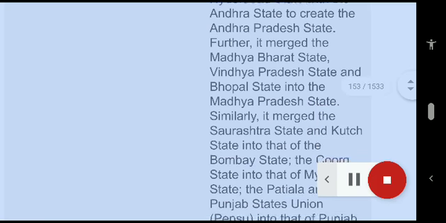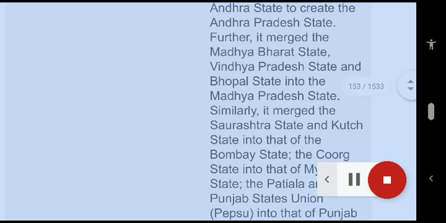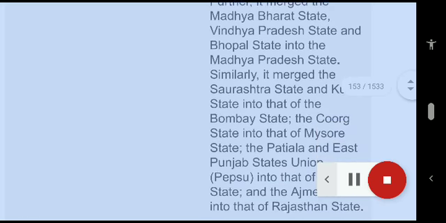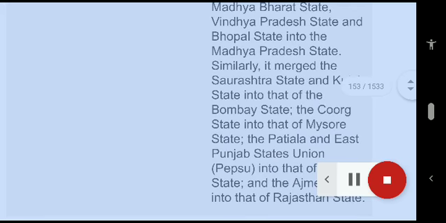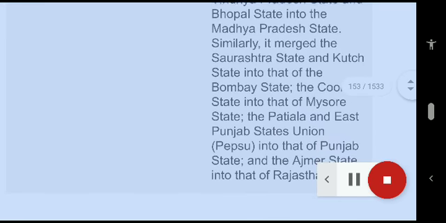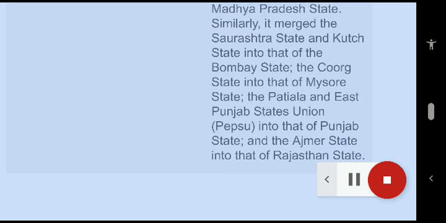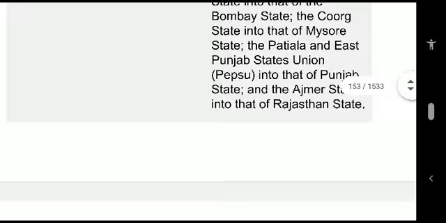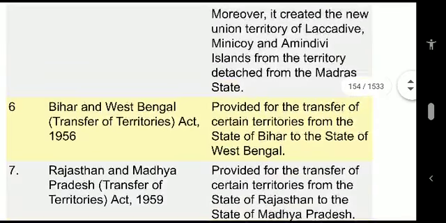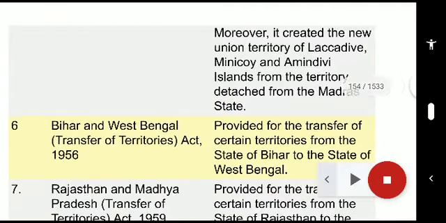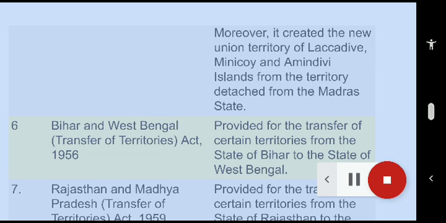Similarly, it merged the Saurashtra state and Kutch state into that of the Bombay state, the Coorg state into that of Mysore state, the Patiala and East Punjab States Union, Pepsu, into that of Punjab state and the Ajmer state into that of Rajasthan state. Moreover, it created the new Union Territory of Lakshadweep, Minicoy and Amindivi Islands from the territory detached from the Madras state.